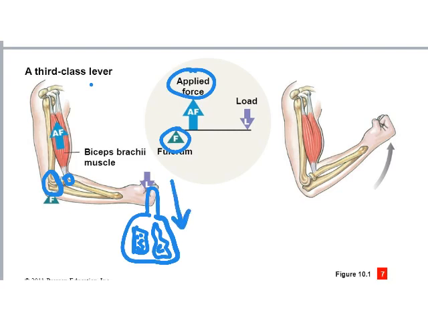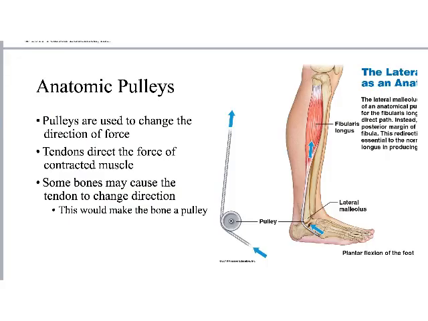Gravity is pulling down on that. And the biceps brachii is contracting in the opposite direction to help lift that fulcrum, which is the bone. And then that will hopefully help lift that load of the grocery bag. So this is how muscles work with joints and bones to produce a lever system that makes it easier for us to lift things.